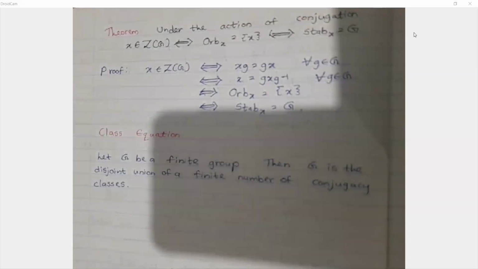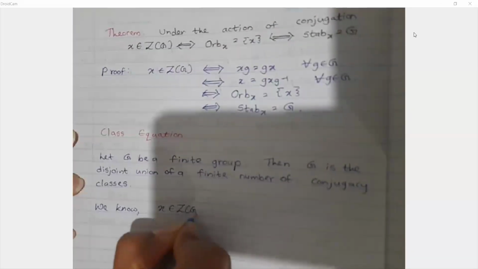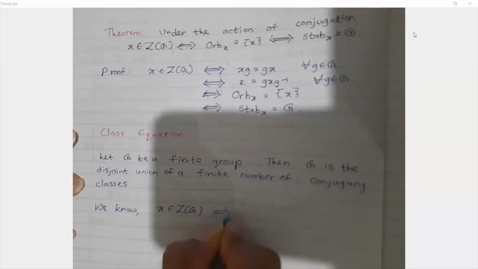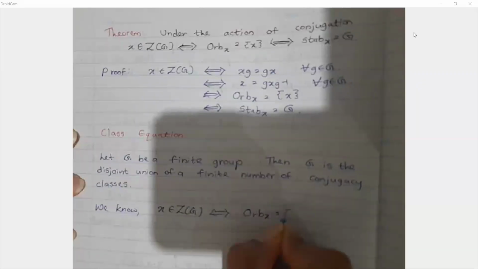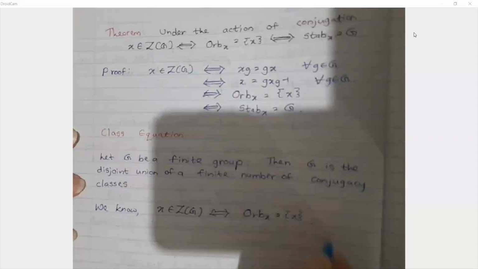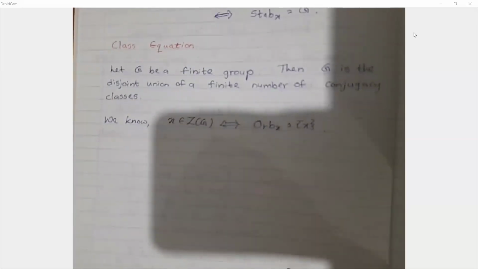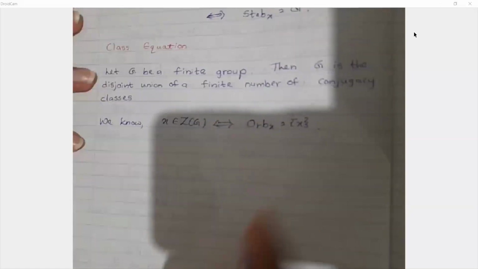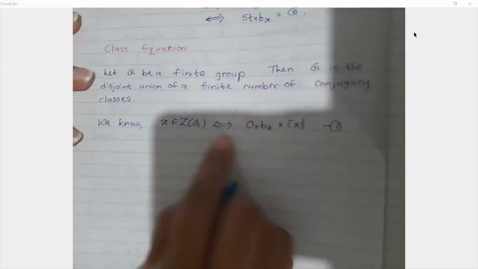Okay, now we know from the previous theorem that when you take an element X from the center of the given group G, the orbit of this element is simply the singleton set X, or the set containing only this one element X. This is from the previous theorem. I'll take this as 1, right? What does this mean?